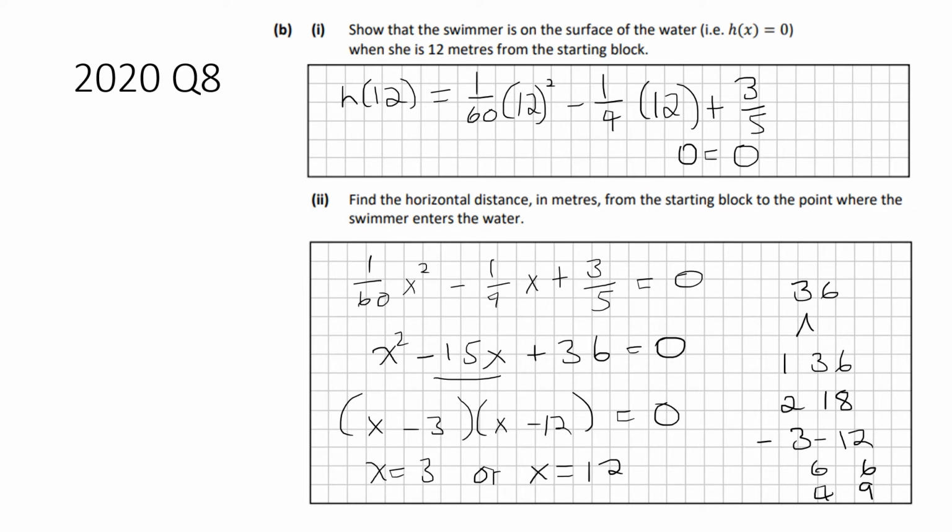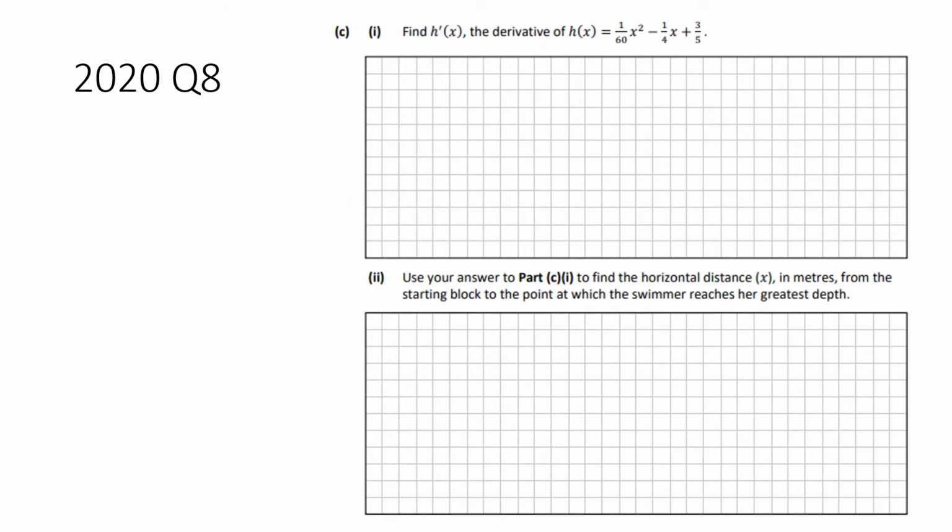You don't want to pick the 12 because that's the starting point of the dive, so you want to go with the 3. So x is 3. So that's 10 marks.